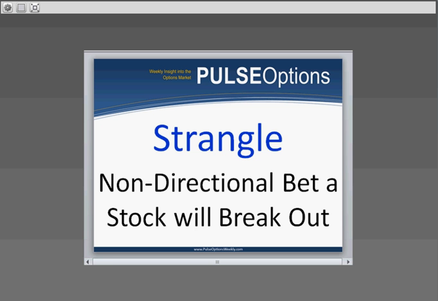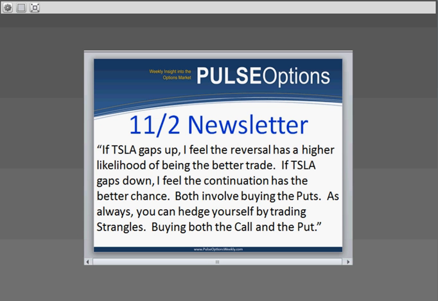Right? So here's an example from my November newsletter last year. I wrote, if Tesla gaps up, this is in regards to its earnings, right? We were going to trade it after the earnings, not before.